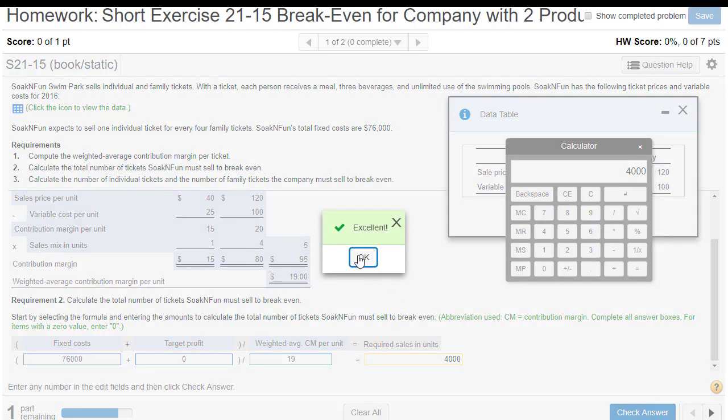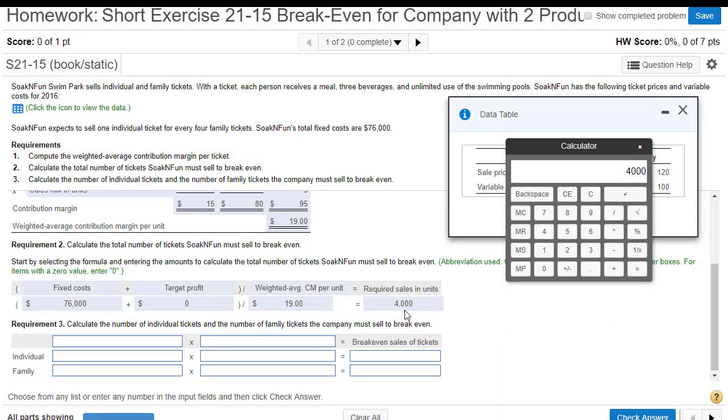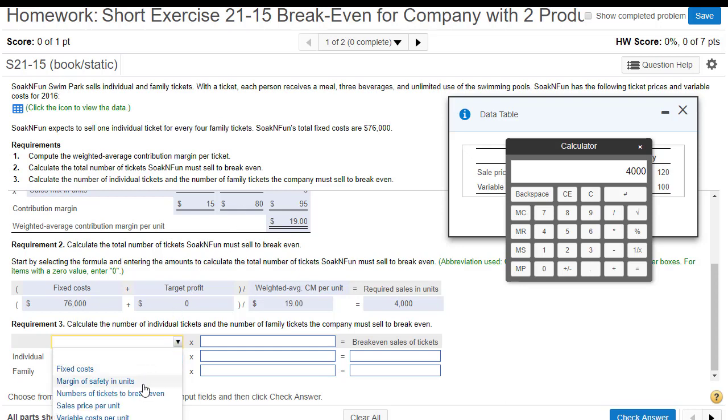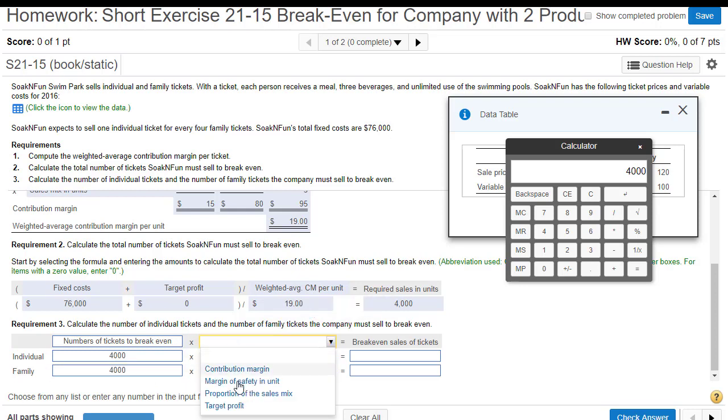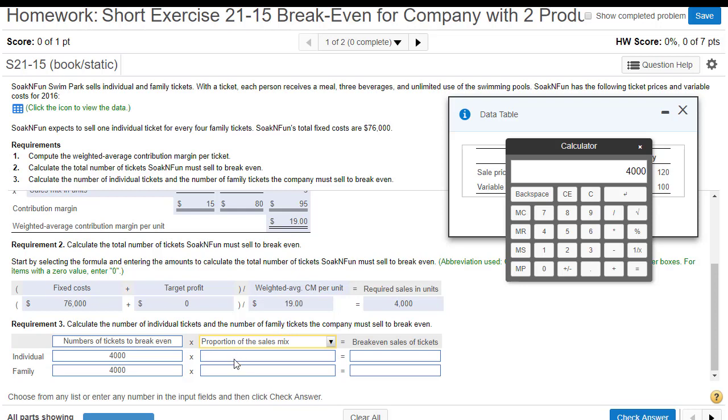Now the next question is, if we need to sell 4,000 tickets, how many of them are going to be the individual ticket and how many are going to be the family tickets? So the way you do that is we're just going to take the number of tickets required to break even, so 4,000, and then multiply by the proportion of the sales mix. In other words, what percentage of their tickets are individual tickets?